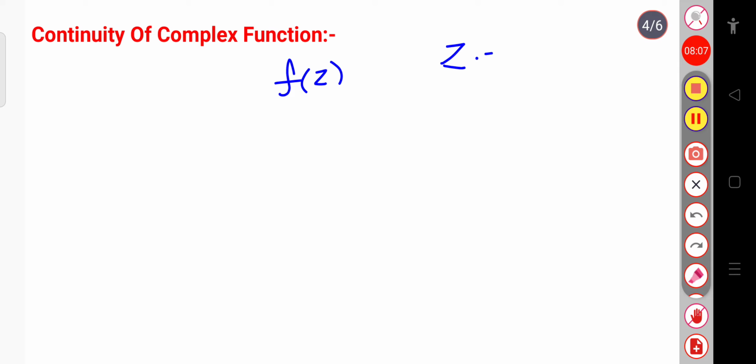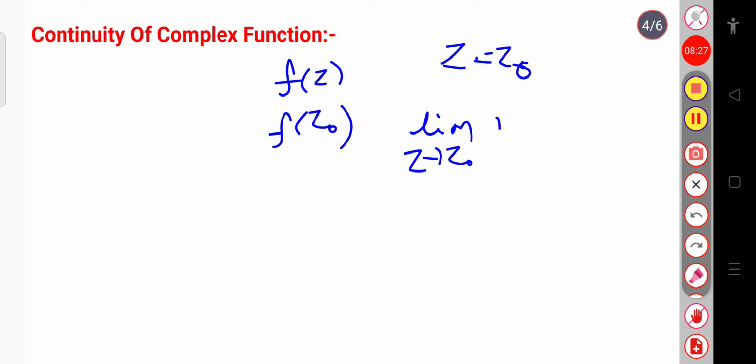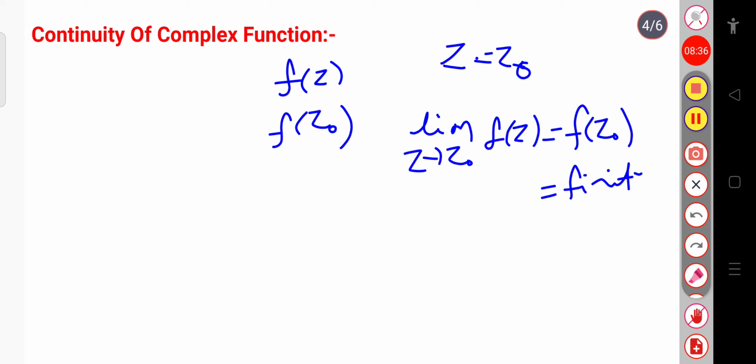Then if f of z0 exists, we can say that the limit as z tends to z0 of f of z must equal f of z0, or we can say that the value is finite. If this value is finite, we can say that the function is continuous in nature.